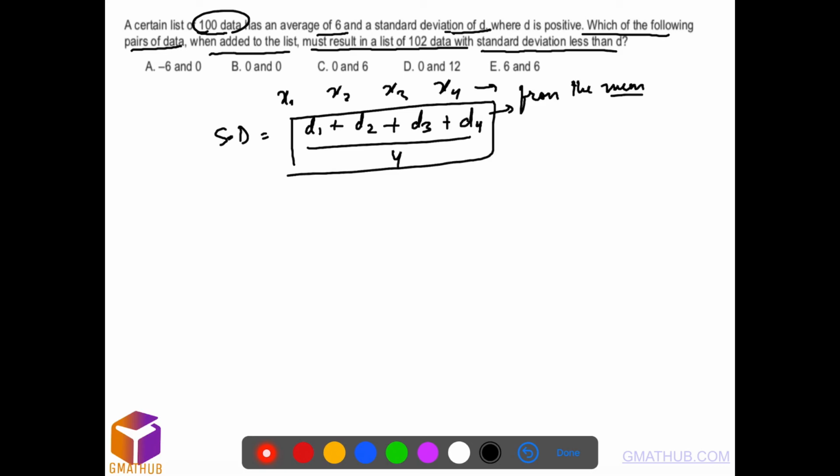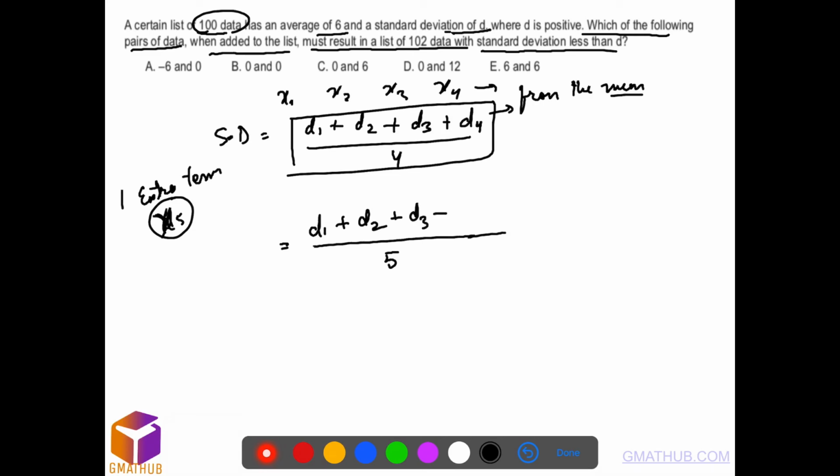Now if we add one extra term, if we introduce one more term, let's say which is x5. So what will happen is we'll have 5 in the denominator because there'll be 5 terms now, and on the numerator we'll have one more deviation, d5.